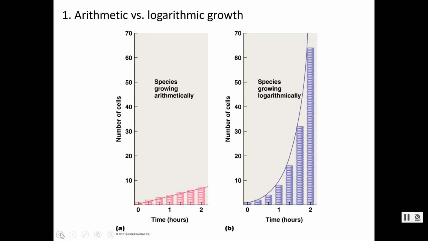This is typically what you see in larger mammals. You have one, and then they produce one more, so you get 2, and then you add one more, and that gets 3. This is a very slower growth rate, but this logarithmic growth rate can get into scary numbers very quickly. So when we're talking about bacterial growth, and we're talking about logarithmic growth, we get into scary numbers very quickly.